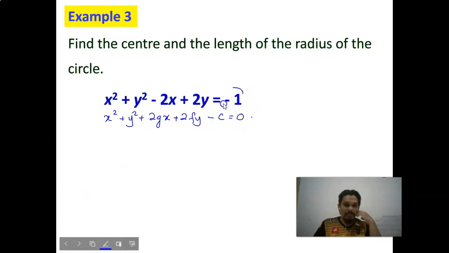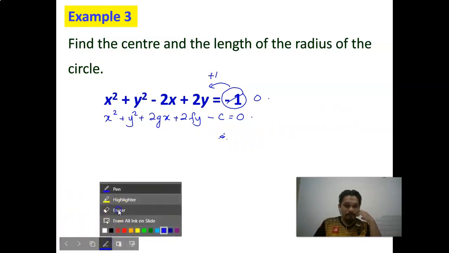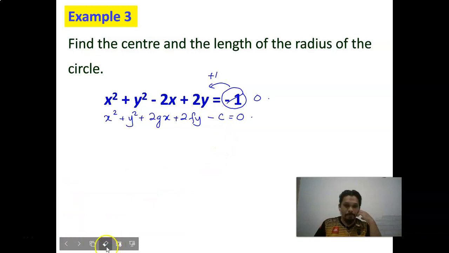Just imagine that if this negative 1 we bring to the left side, it becomes positive 1 and the right side becomes 0. So automatically, we can say that c equals 1.